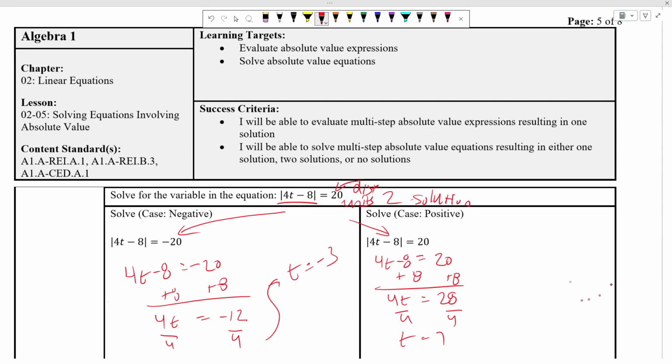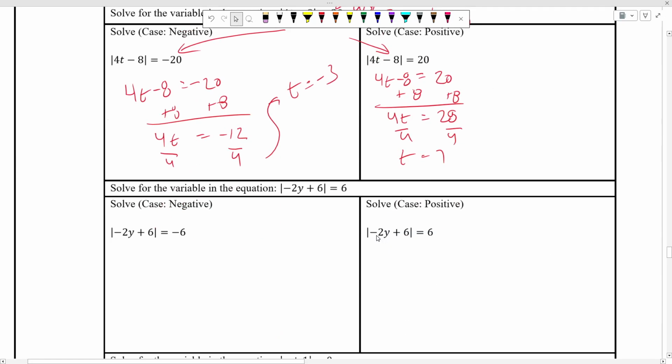So now your entire solution set is this: -3, 7.